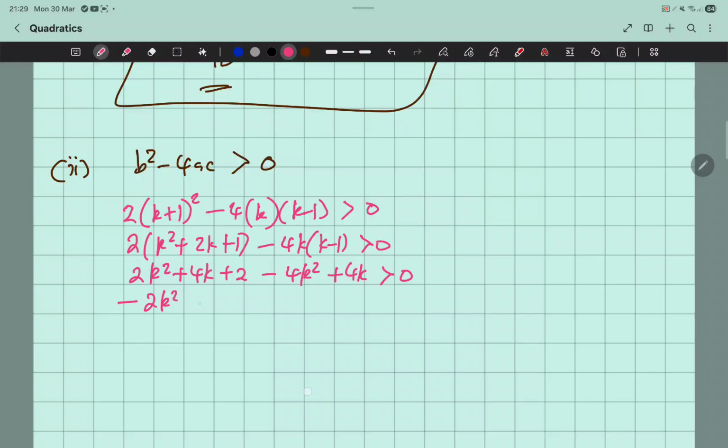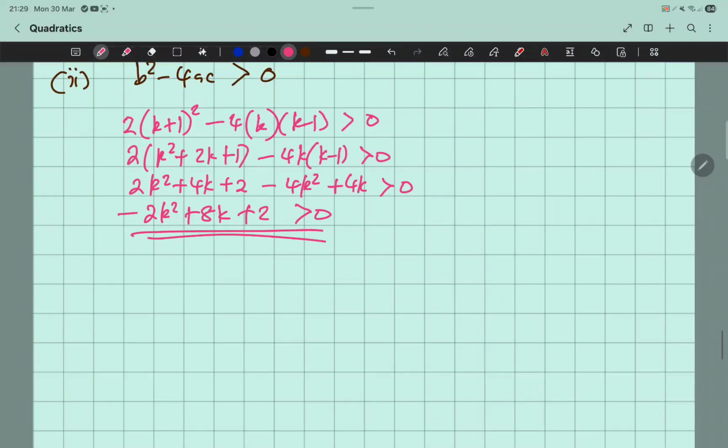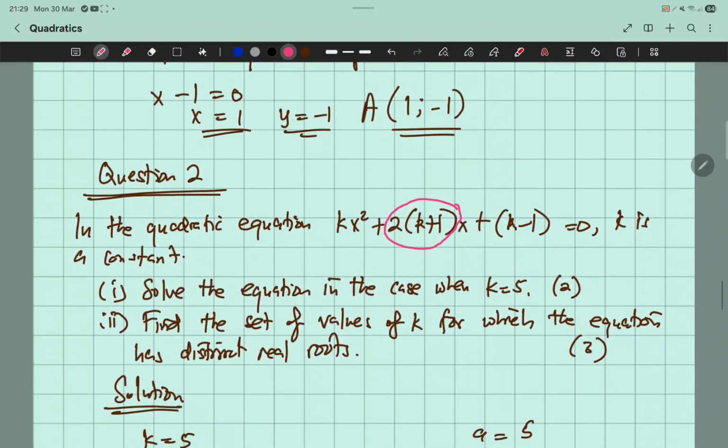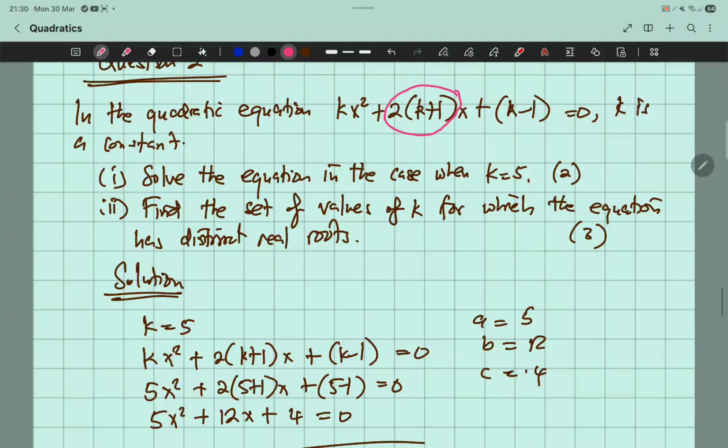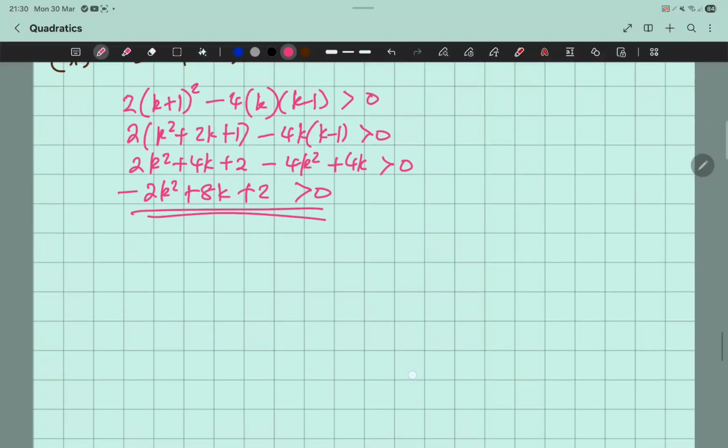So minus 4k squared, then plus 12k, plus 4 greater than 0. So at this point, our question is that we want to find the set of values of k for which the equation has real distinct roots.